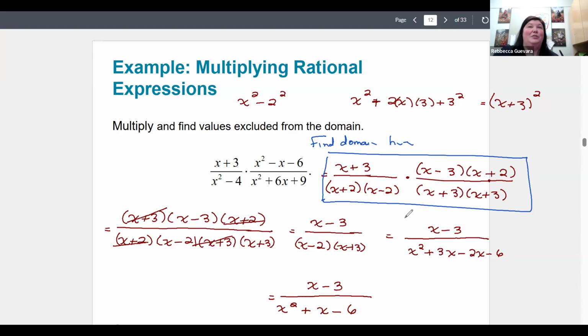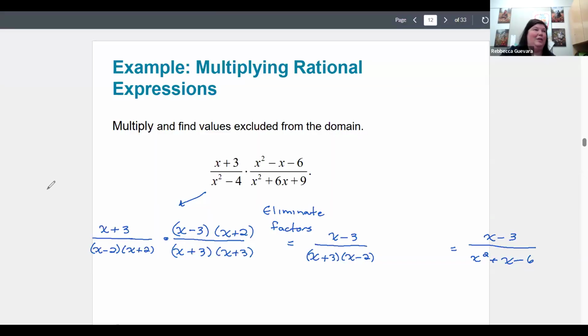So let me pause this and restart it. Okay, so getting back to domain. You always want to find domain before you simplify. So find domain before eliminating factors.